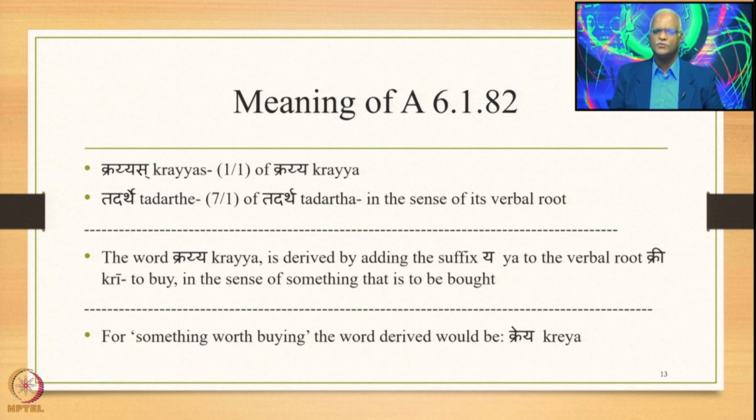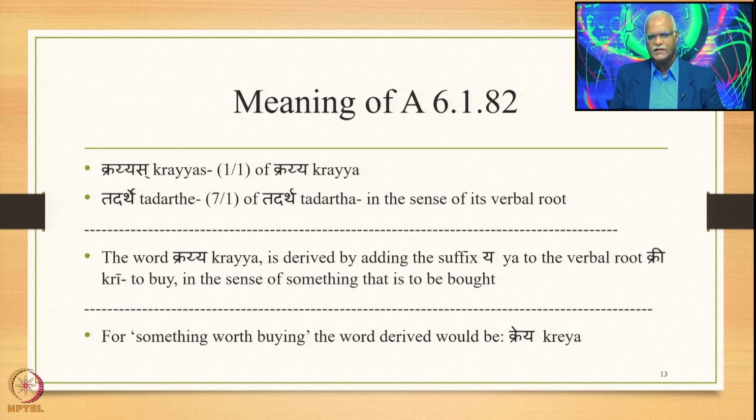So the meaning of the sutra is, the word kraya is derived by adding the suffix ya to the verbal root kri, to buy, in the sense of something that is to be bought. For something worth buying, the word derived from the verbal root kri by adding the suffix ya would be kreya.